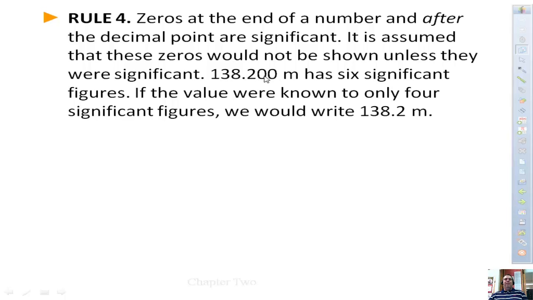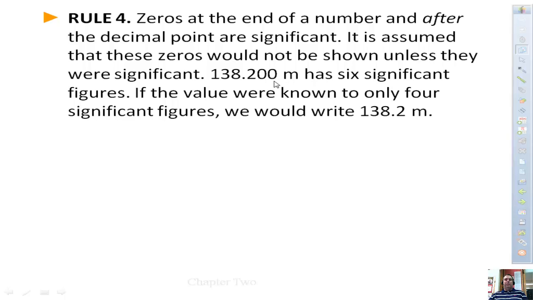These are ending zeros. And if they're ending zeros or final zeros, they are going to count. If the value were known to only have 4 sig figs, we wouldn't have to place those zeros on there. Okay, we could only record 138.2. Notice the difference. This is my estimated position. This number right here is saying we know the 1, the 3, the 8, the 2, the 0, and this is my estimate.